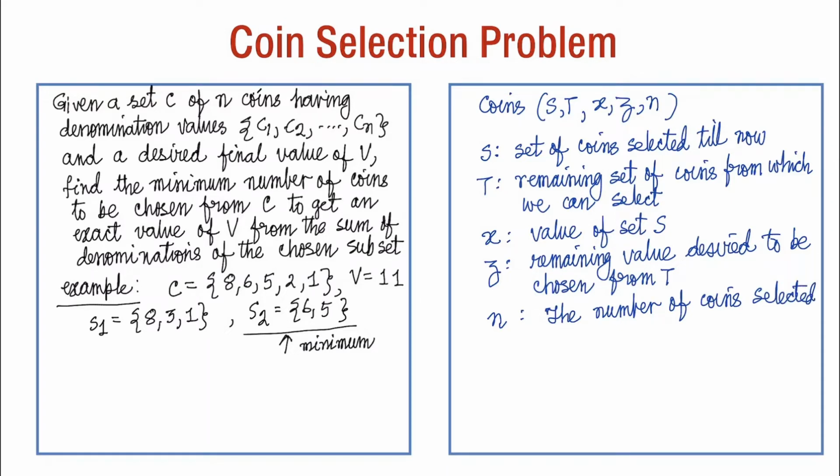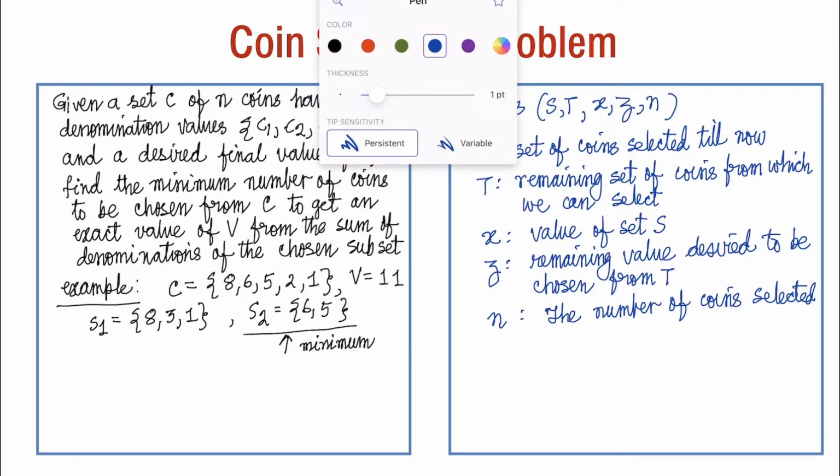Some of the arguments are redundant, obviously. You can calculate the value of X from S, N from S, etc. But we are just doing this for our purposes of designing the algorithm.